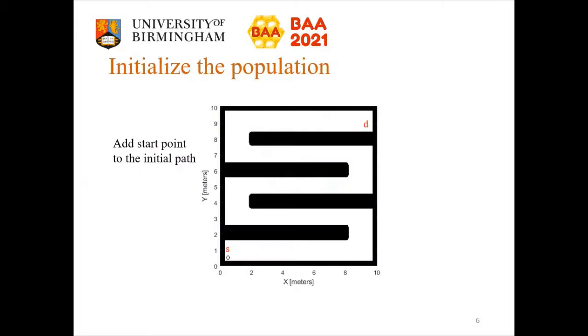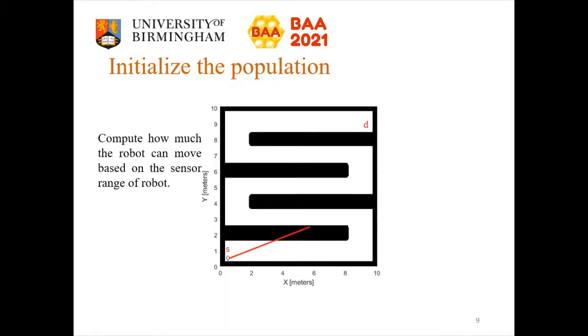Now, initialize the population. At the beginning, add the start point to the initial path. After that, generate a new rotation angle theta by uniform distribution function in the range 0 to pi.